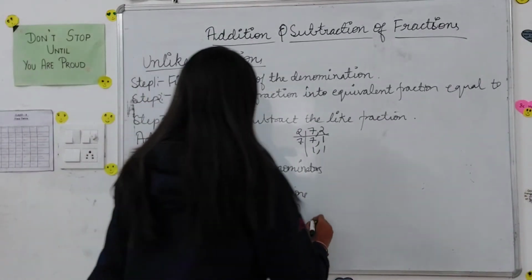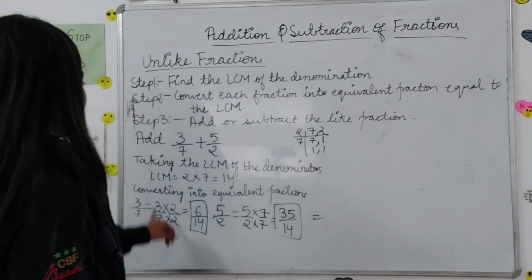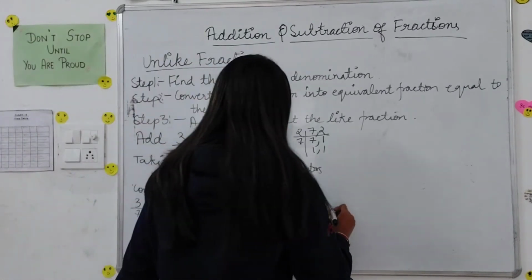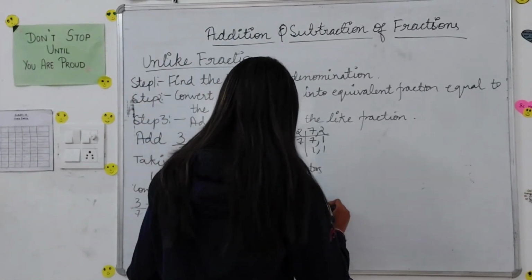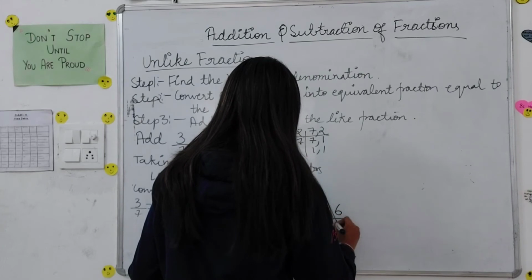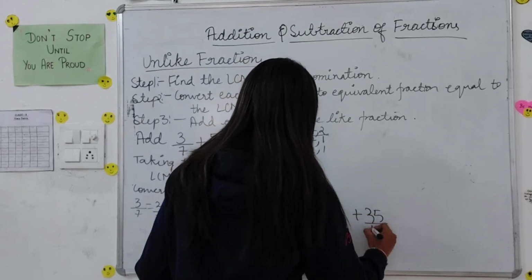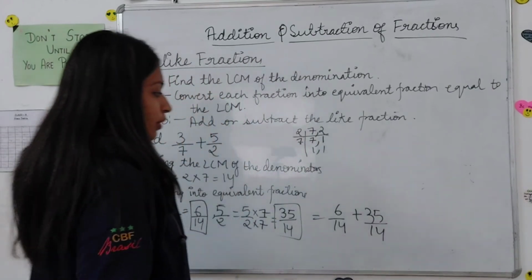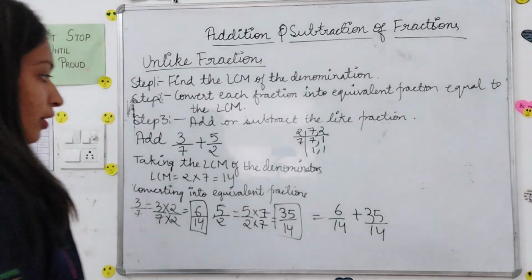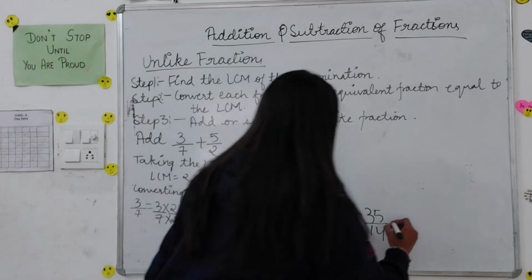So what you have to do, we have to add. Now 6 upon 14 plus 35 upon 14. Now you have to add. How do we add?